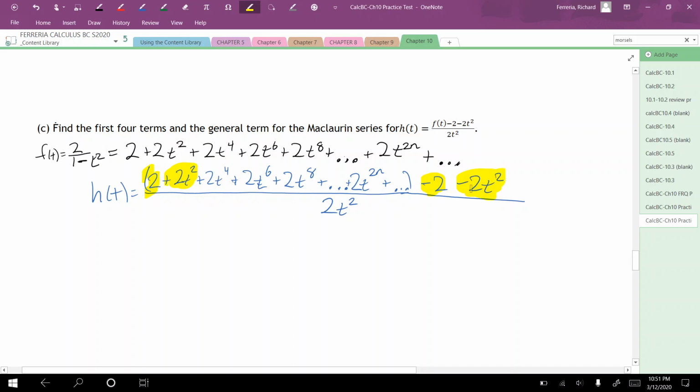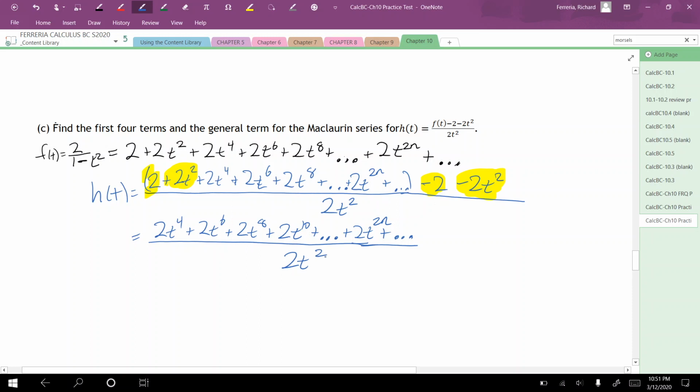And yeah, I'm left with this decidedly smaller polynomial. 2t to the 4th, 2t to the 6th, 2t to the 8th. Ooh, that's only 3 terms. I'm going to need the next one. 2t to the 10th, 2t to the 2n, and that's the only thing that's left on my numerator.